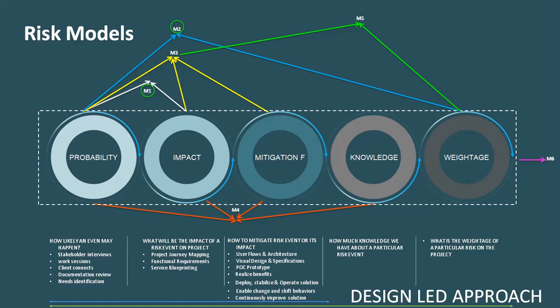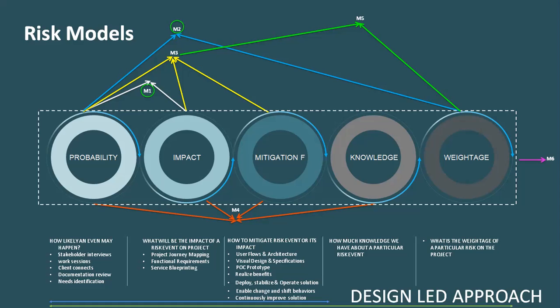Fourth, knowledge: how much knowledge the risk owner has to actually mitigate that risk. Correct? A person with lesser knowledge will be able to mitigate that risk to a lesser degree. An expert who has expert knowledge on that risk factor might be able to reduce the impact or mitigate that risk close to 100%.